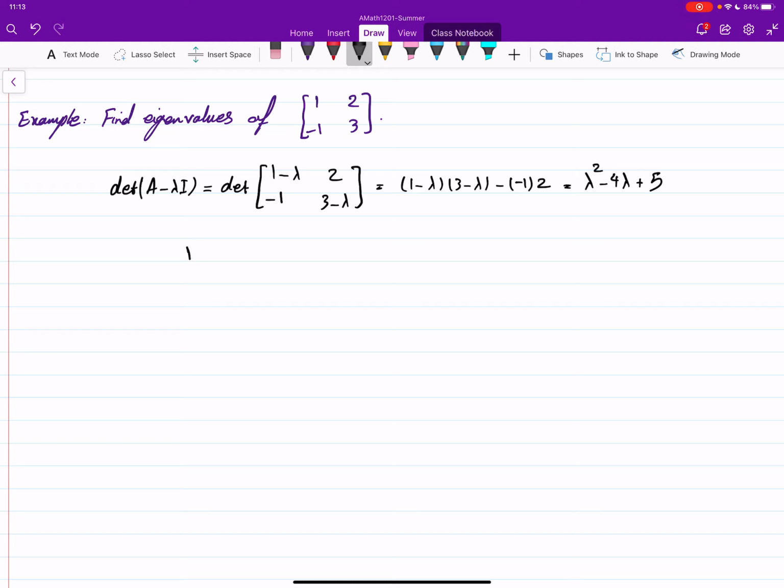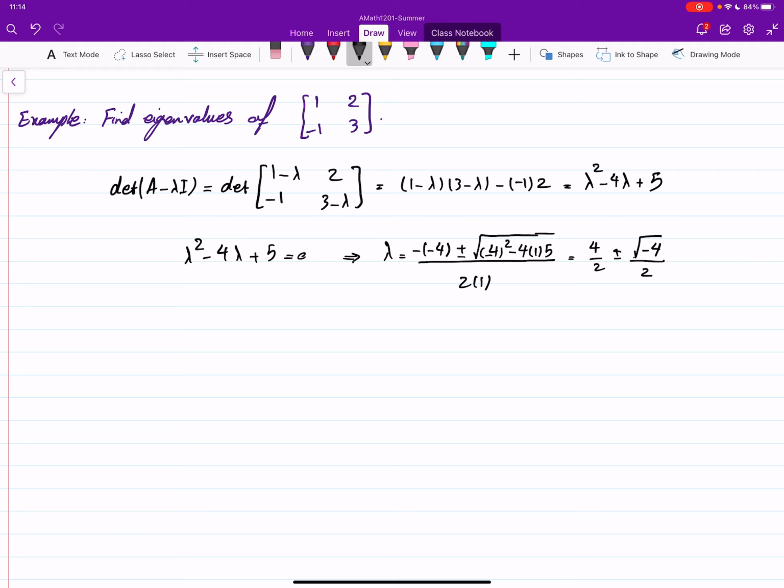Now, this is a quadratic equation again. So anywhere you see a quadratic equation, you can start using the quadratic formula: minus b plus minus root b squared minus 4ac, divided by 2a. And that is 4 divided by 2 plus minus root of what is there. So this is 16 minus 20. This is negative 4.